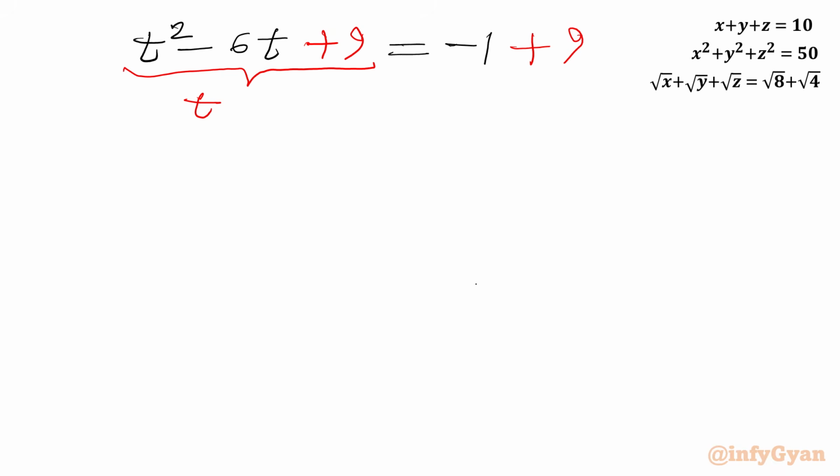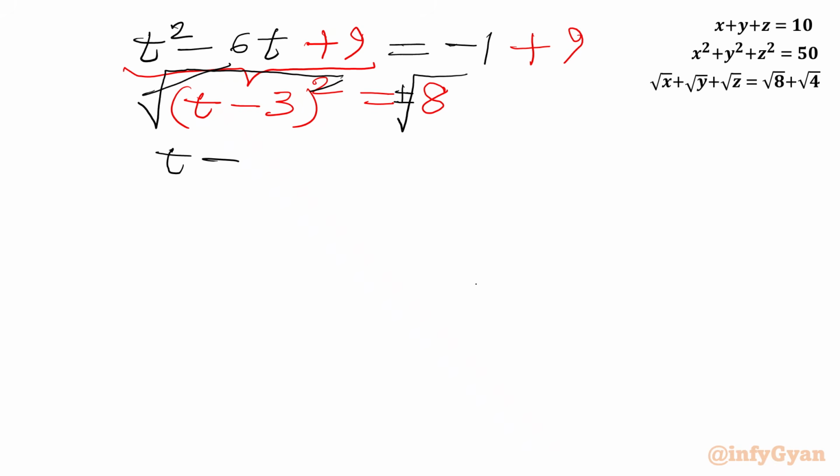This is t minus 3 whole square, and on the right hand side 9 minus 1 is 8. Now we have to take square root on both sides. So I can put over here the square root symbol. Here I will write plus minus sign. Square root and square will get over.